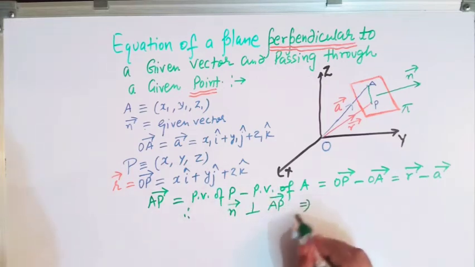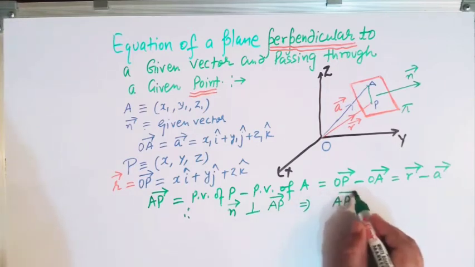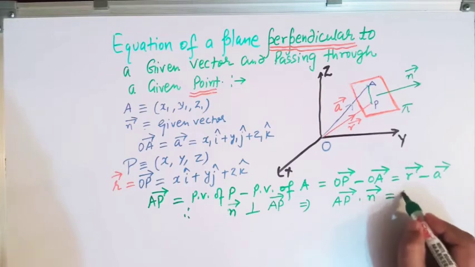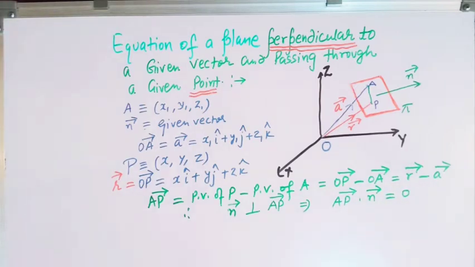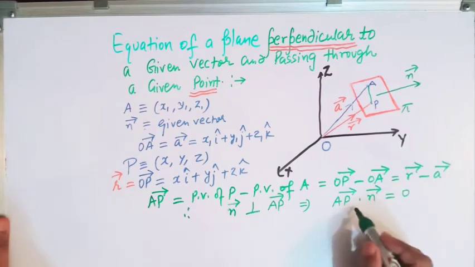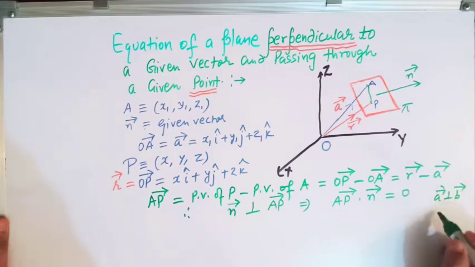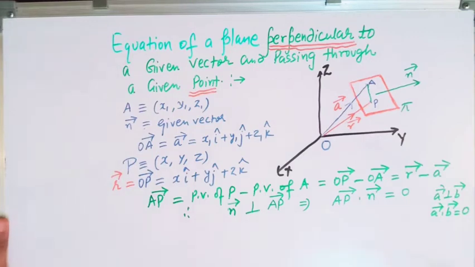So this implies that AP dot vector n is equal to 0, because the dot product of any two perpendicular vectors is always 0, right? So if vector A is perpendicular to vector B, then A dot B must be 0, right?